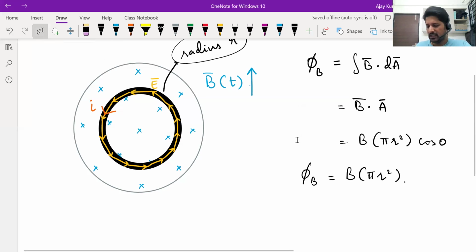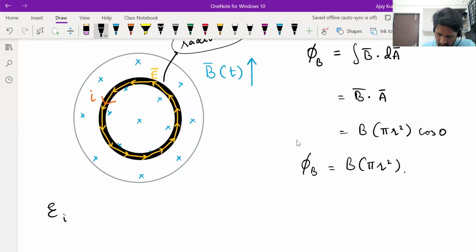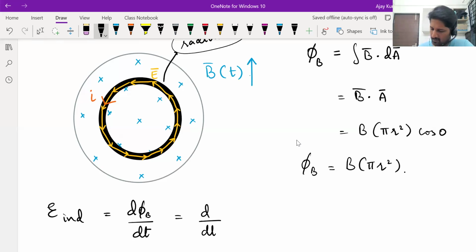If you know flux, then the rate of change of flux with respect to time will give you the induced EMF, Faraday's law. Induced EMF is equal to d phi B by dt. I'm not writing the minus sign because I'm only considering the magnitude of induced EMF. So we'll have to take the derivative of magnetic flux B into pi r square.